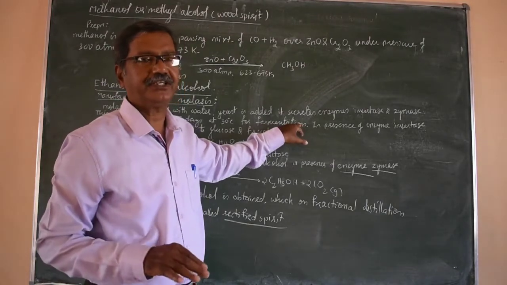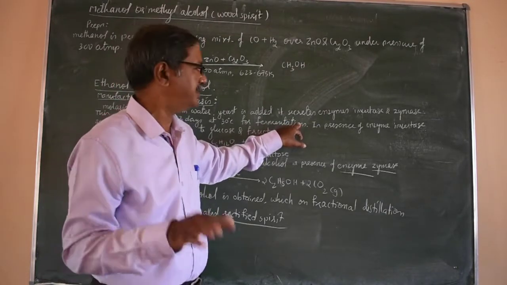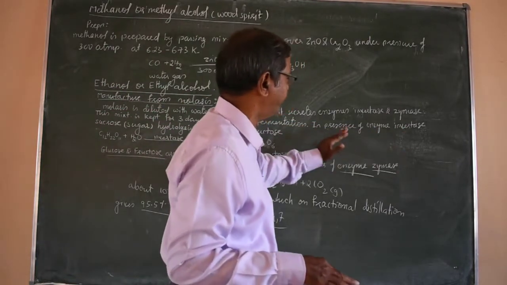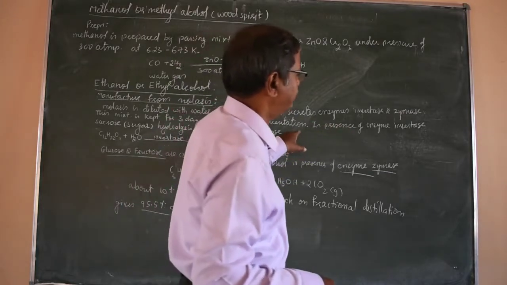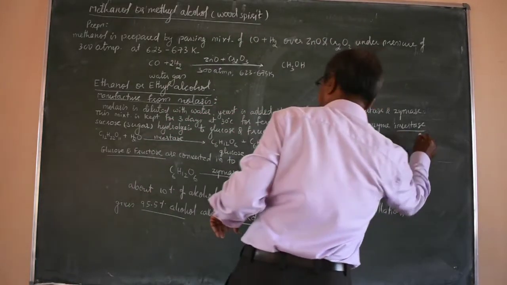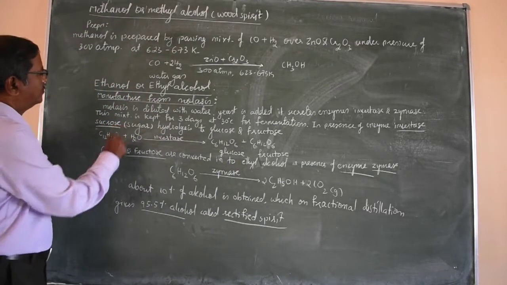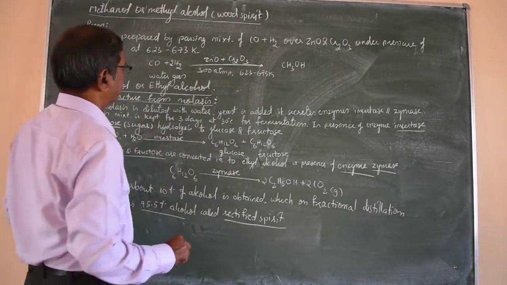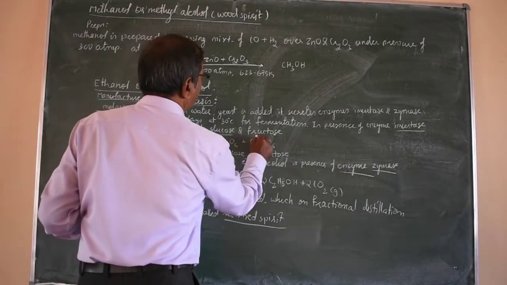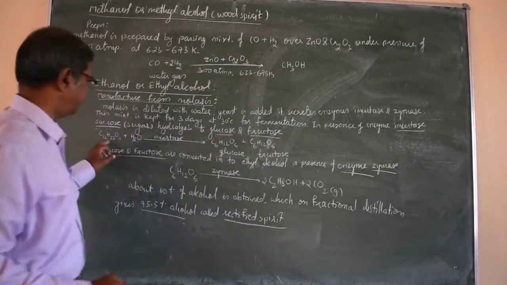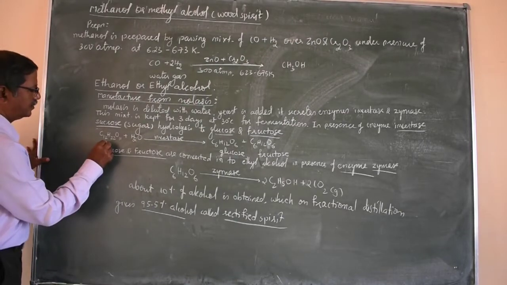So fermentation takes place to give alcohol. That fermentation takes place in 2 steps. In presence of enzyme invertase, sucrose is hydrolyzed to give glucose and fructose. So this is sucrose.